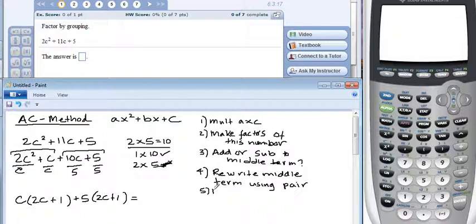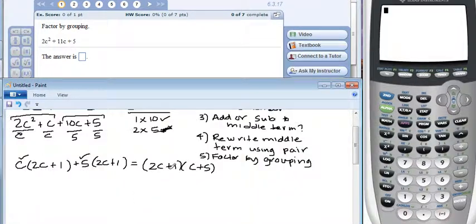So my last step is factor by grouping. I'm not going to write down what to do there because we know what to do. We have the 2c plus 1 in common, and we have the c plus 5 left over, the outside pieces. So what would we do to check? Well, we would redistribute, refoil.